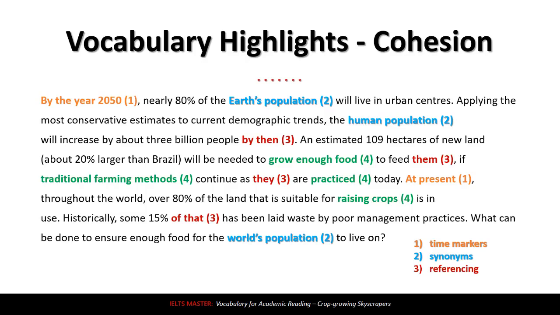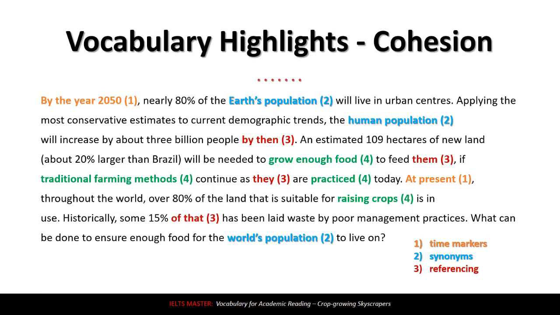Well, I think this means 3 billion people, which is in the last sentence. Or they, or of that. Of that is 80% of the land. So it's very interesting how they're using referencing here to go back to previous sentences sometimes, but this helps link the paragraph together. In your own writing, you should try to do this sometimes as well.